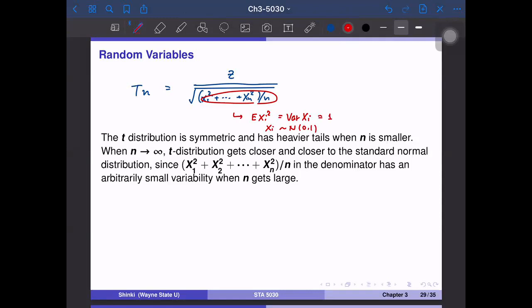So we have n terms divided by n, so this goes to 1. So this goes to just z, so normal 0, 1. So the T distribution with large degrees of freedom is almost the same as the standard normal distribution.